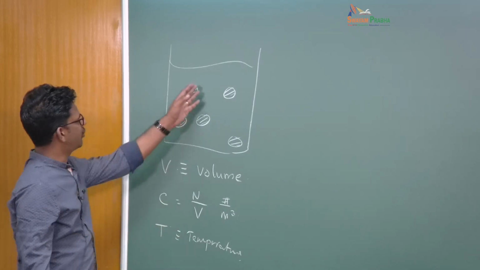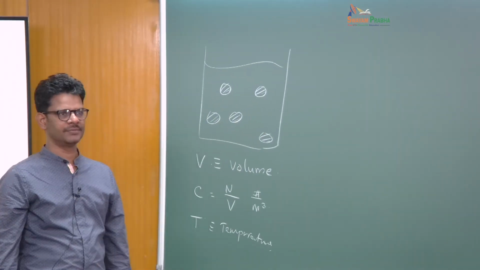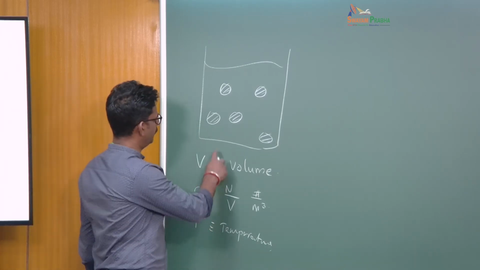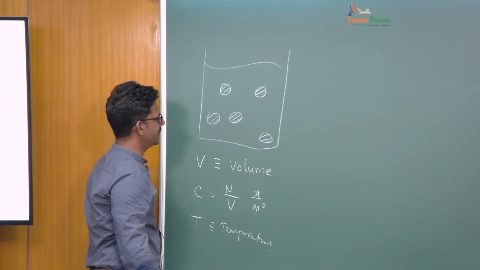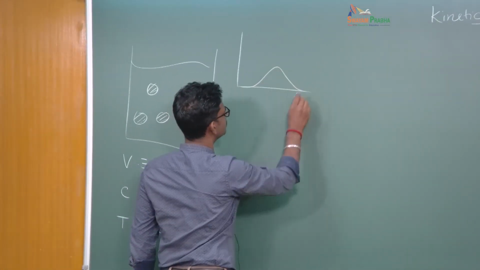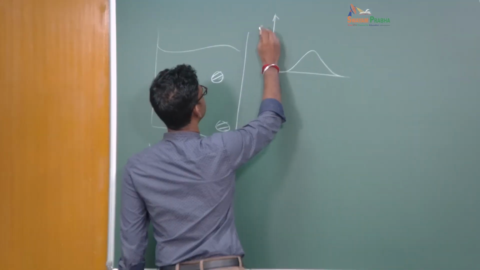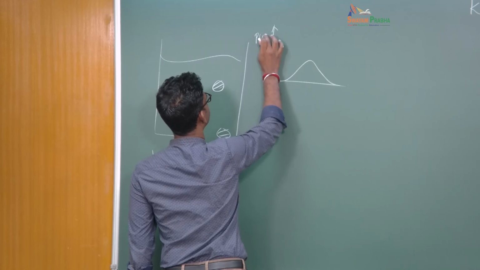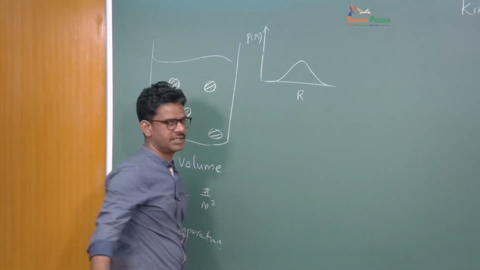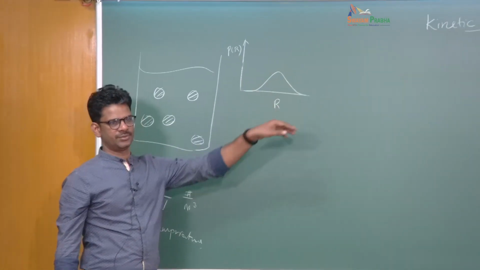Typically the properties of this solution are also known: the viscosity of the medium, the density, all these things. And for the particles, you can say that the initial particle size distribution is, let us say, something like a Gaussian. So this is P of r versus r, where r is the radius of the particle. So you may have particles having a particular distribution.